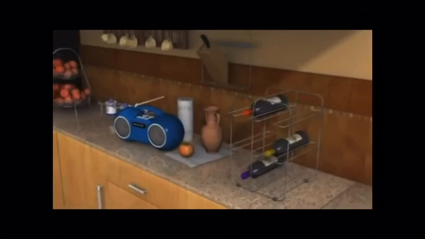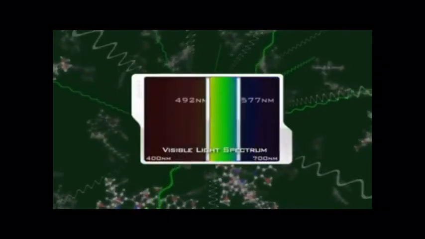Some wavelengths in the visible spectrum are reflected, and other wavelengths are absorbed. This leaf looks green because EM waves interact with the chlorophyll molecules. Waves between 492 and 577 nanometers in length are reflected, and our eye interprets this as the leaf being green.